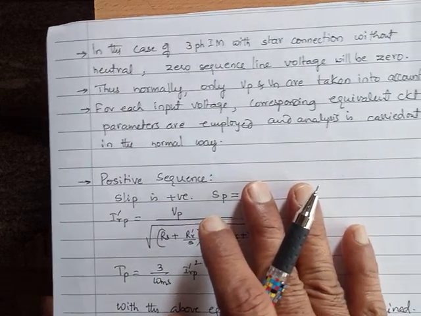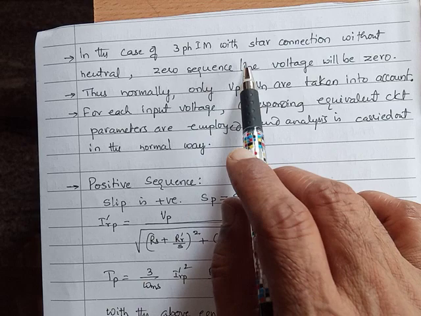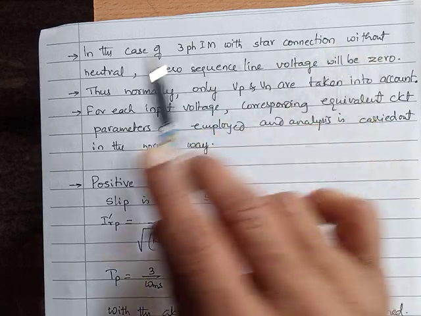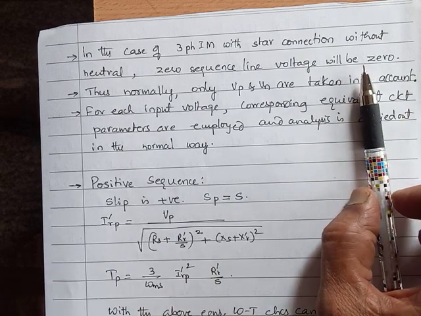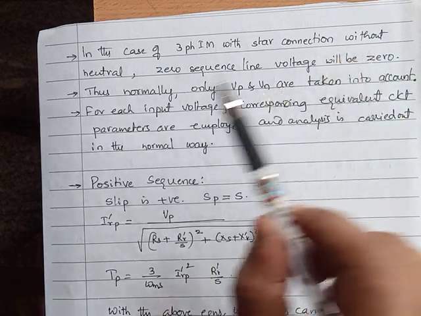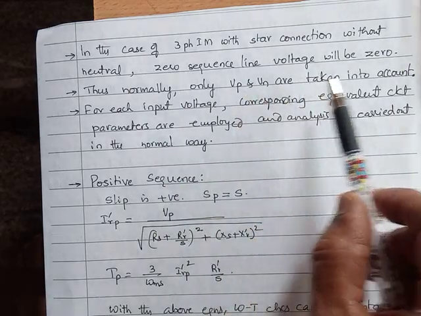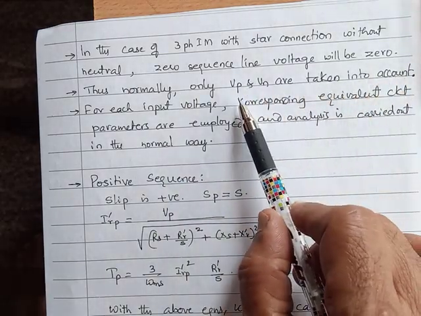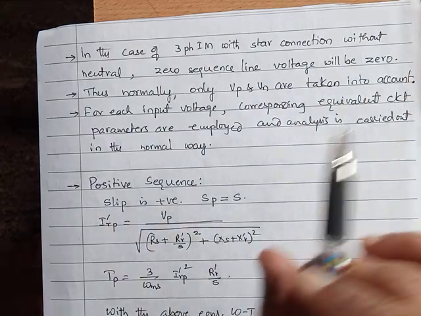To make our analysis simple, in the case of a three-phase induction motor with star connection without neutral, the zero sequence line voltage will be 0, and hence normally only Vp and Vn are taken into account. The positive sequence and the negative sequence are taken into account.